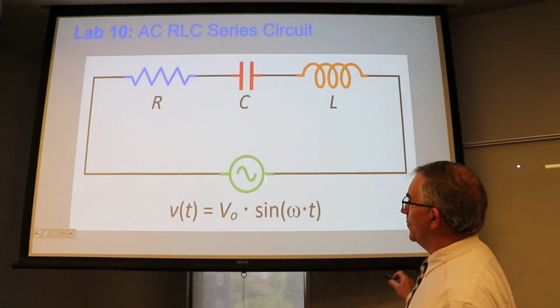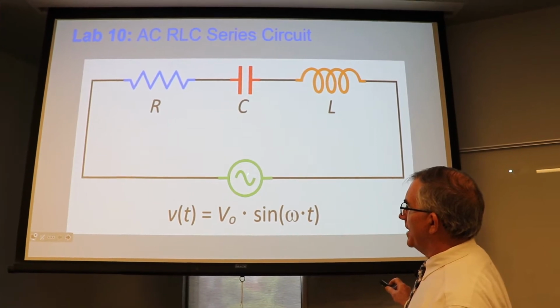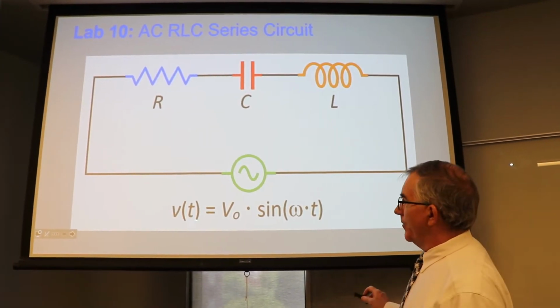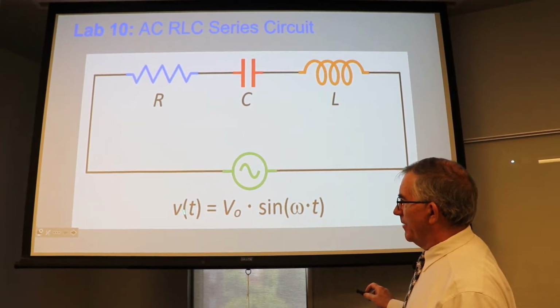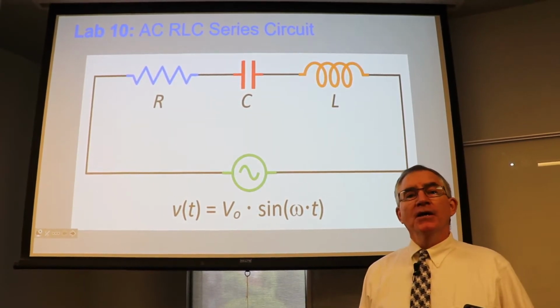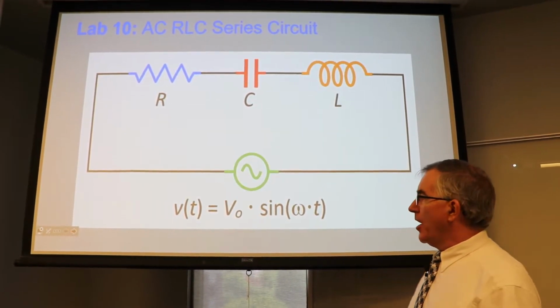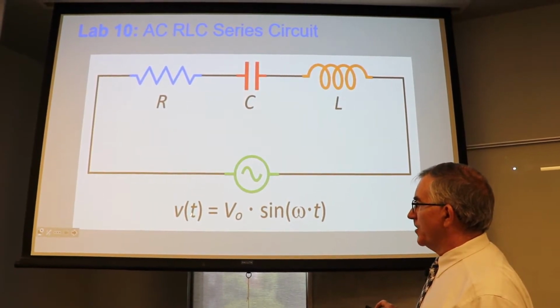And then down below, this is a symbol for a sinusoidal AC signal. And right here, this is voltage as a function of time. Remember, quantities like voltage, current, and charge are lowercase when they're functions of time.